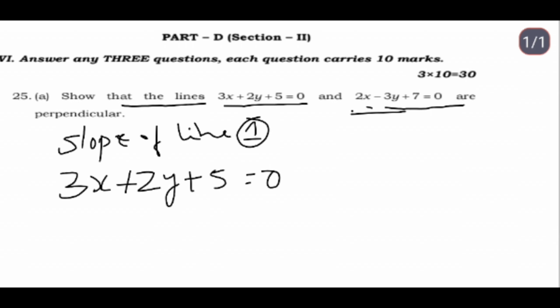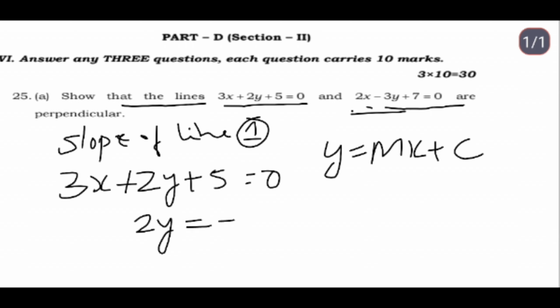This line you can represent in terms of slope, y = mx + c. So now I am going to write this equation: 2y = shift this side, -3x - 5.